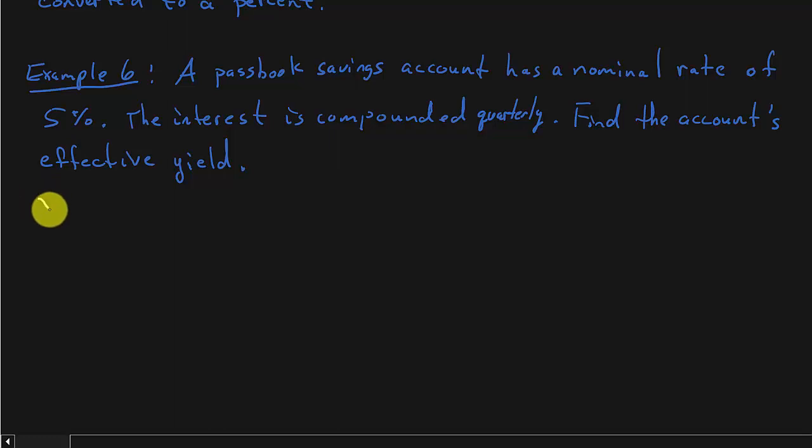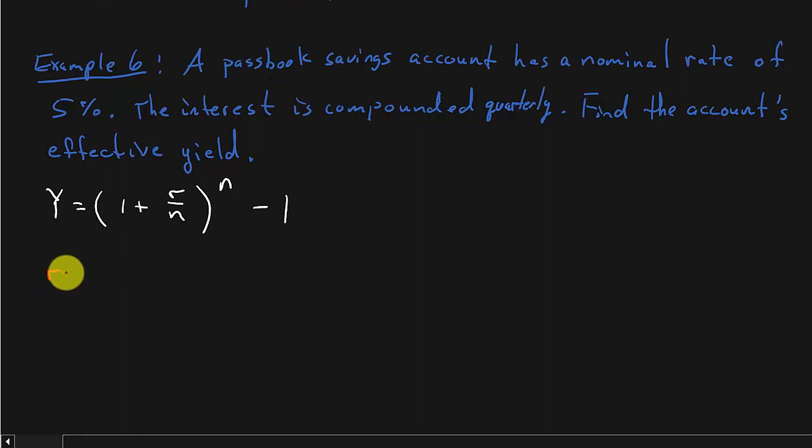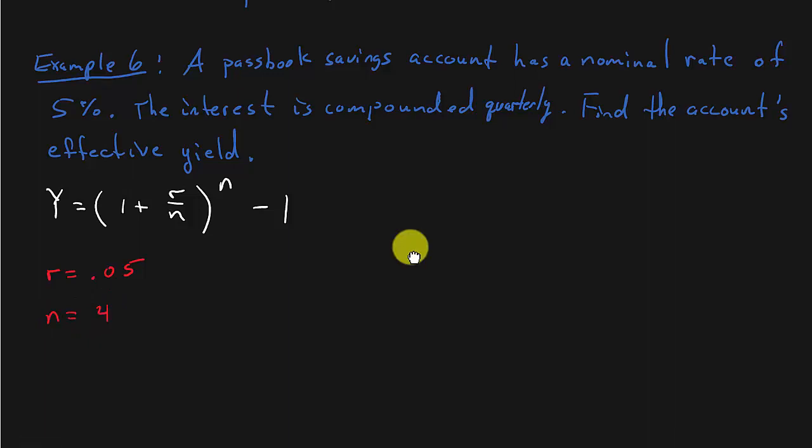Y equals (1 plus R over N) raised to the N, minus 1. What all do we need? We need R and we need N, and that's it. So in this problem, R is 5%, so that's 0.05. It's compounded quarterly, so N is 4. And so now you just plug everything in.